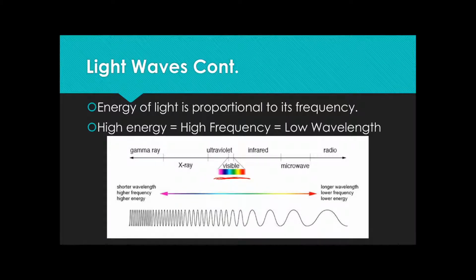If you can see, pink is on the left and red is on the right. So red has a longer wavelength and a lower frequency and energy. And pink has a shorter wavelength, so it has a higher frequency and a higher energy. And that's what this transverse wave at the bottom here is showing you.